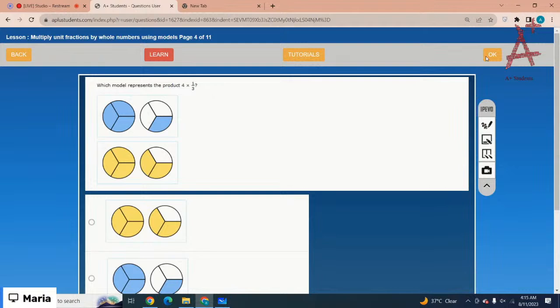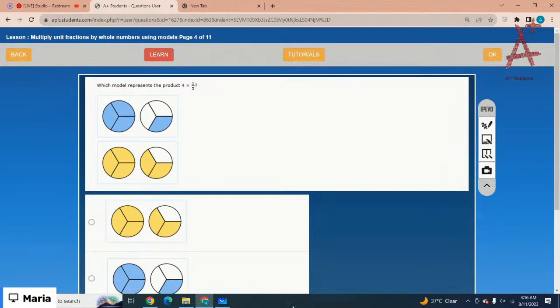Which model represents 4 times 1 over 3? Okay, 4 times 1 over 3.